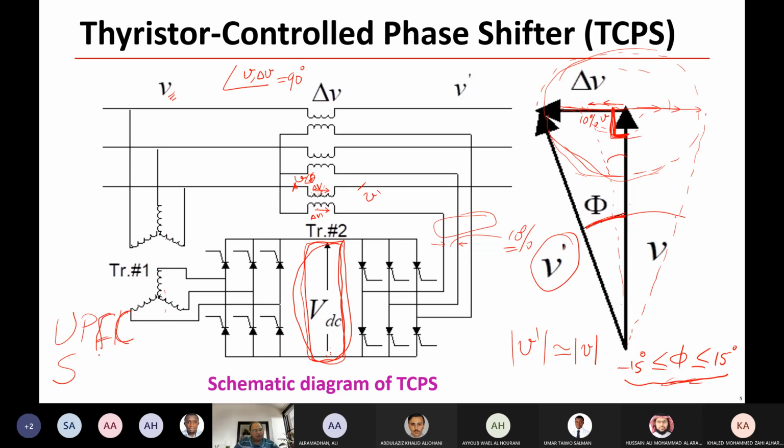the static synchronous series compensator. So this one is actually similar to this type, TCPS, thyristor controlled phase shifter, and also thyristor controlled series capacitor.